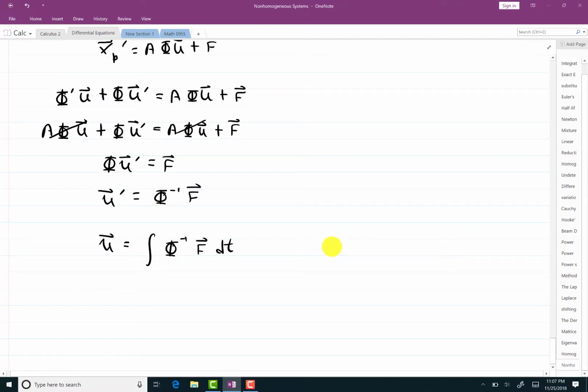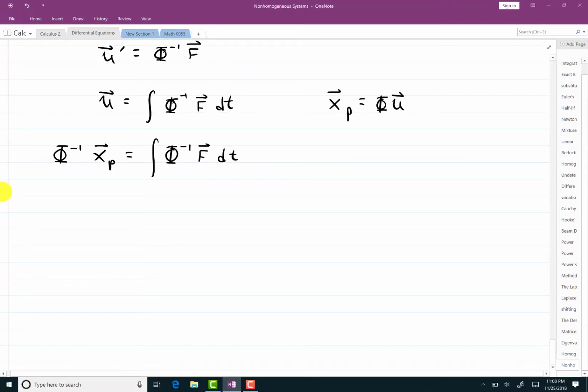So phi inverse xp will be the integral of phi inverse f dt.